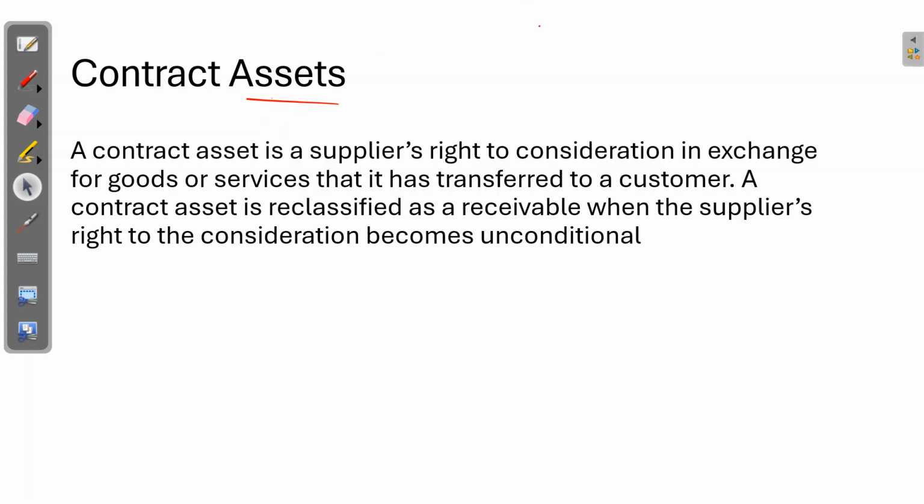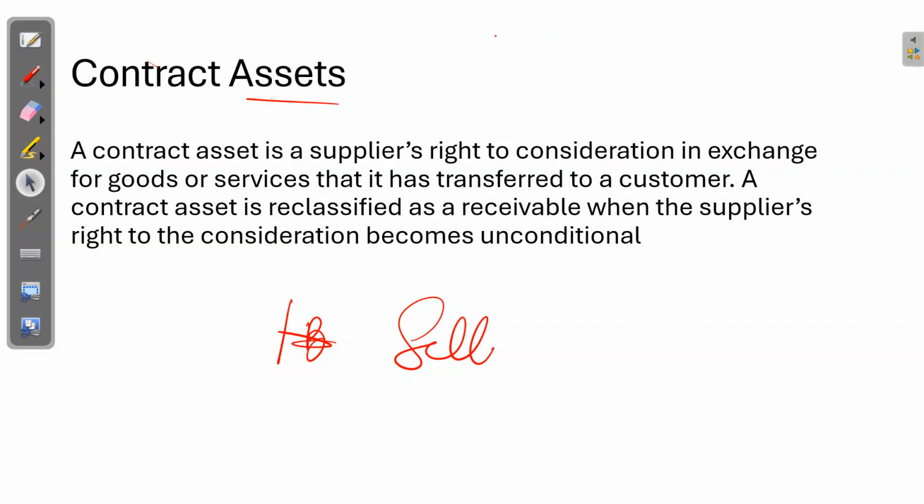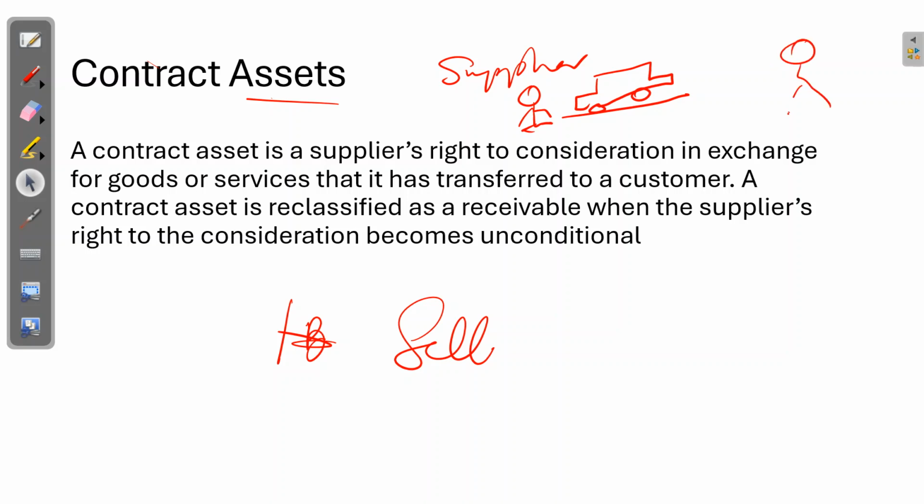When we talk of contract assets, sometimes in the contract we have the buyer, and we have the seller or the supplier. The supplier has delivered the product to the customer. The supplier has brought the product to the customer, but the customer has not paid.